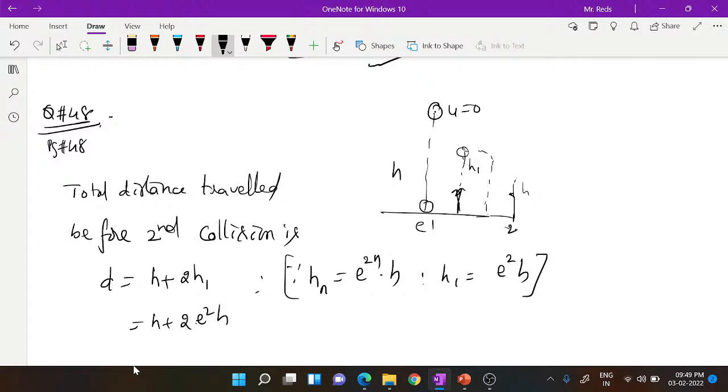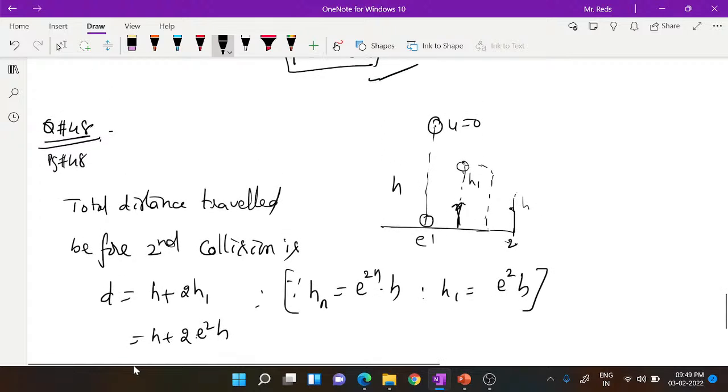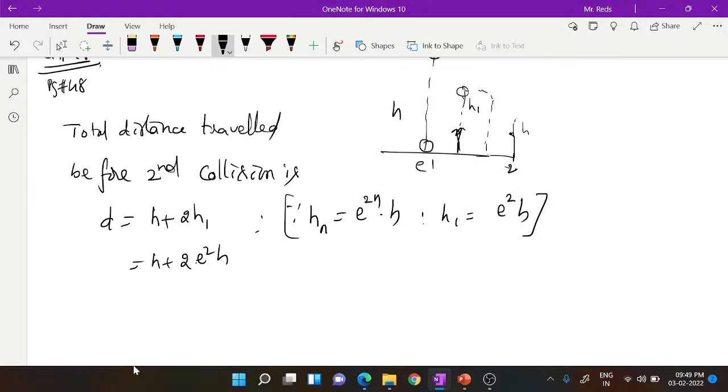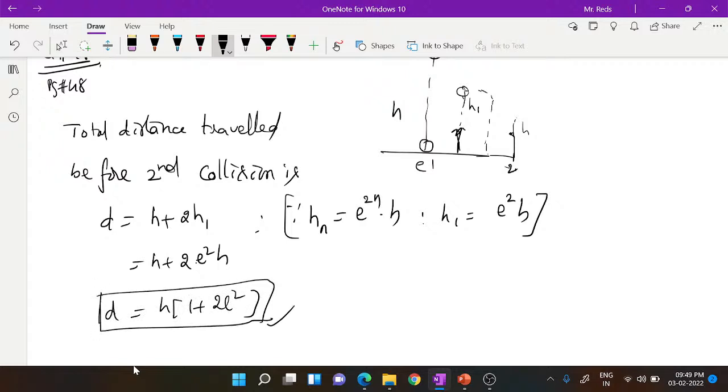If you take h out, the total distance traveled will be d is equal to h into 1 plus 2e square. That's it. h into 1 plus 2e square.